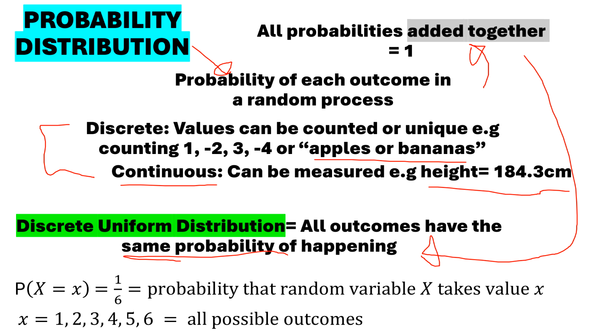If the probability is discrete and uniform, this means that the probability of any of them happening is going to be 1/6, and this is how you represent it with this P(X = x). Okay, so this is the probability that a random variable X takes value x, either one of these. Okay, just have in mind this is how you represent it, this symbol right here.